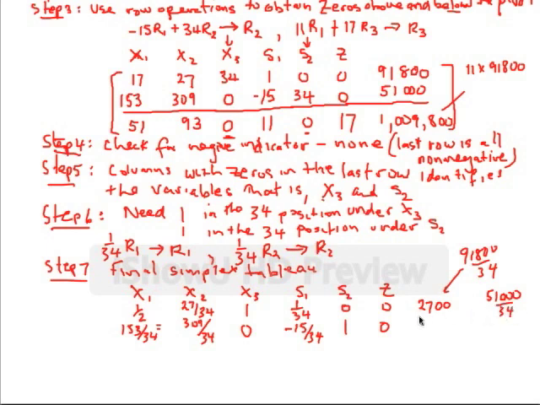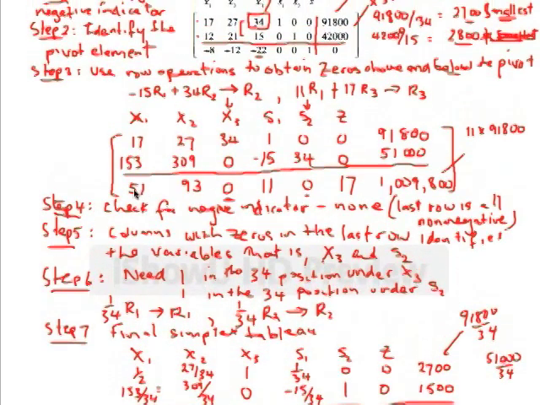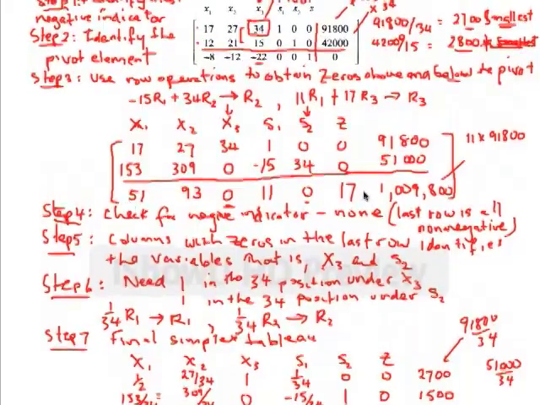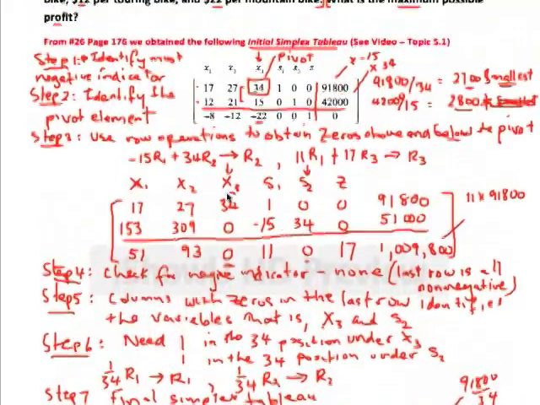And if my arithmetic is correct, that should come up to 1,500. Alright, so now we put our line, like so.